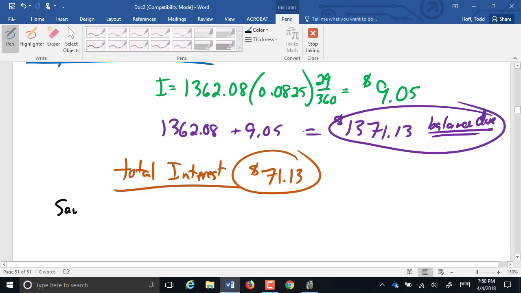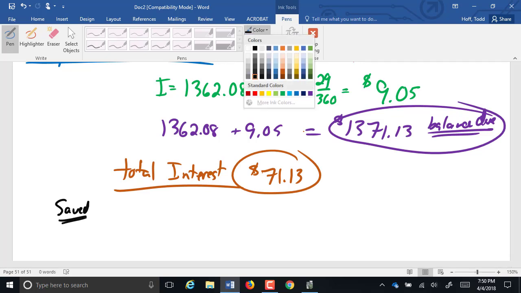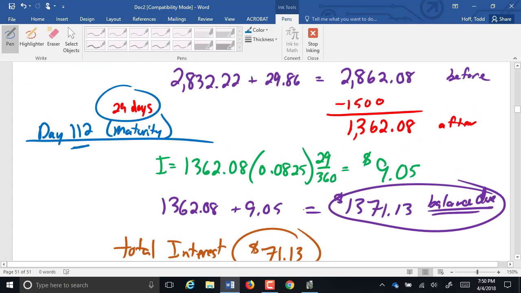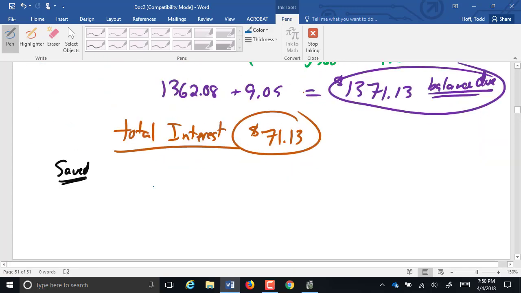So how much was saved by making partial payments? Well, that's why I was doing the days as I added this up. It's 112 days. So our interest is, what was it, 3,800? $112.